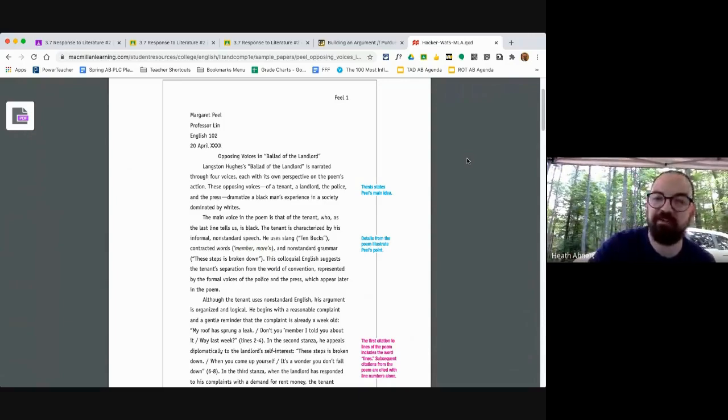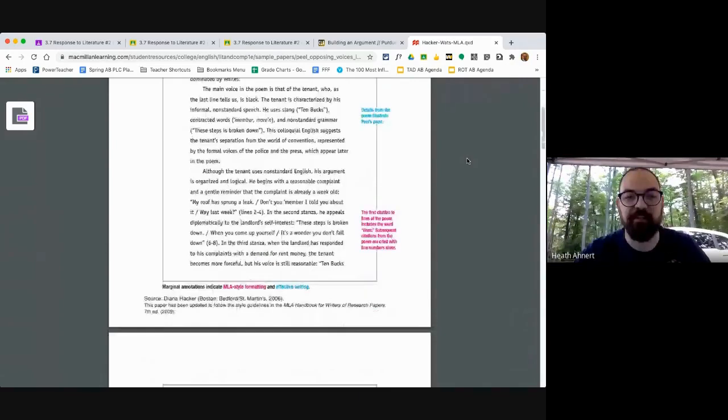That comparison of voices links back to the thesis that says there are opposing voices in this poem of tenant, landlord, police, and press that will dramatize a black man's experience. That's my argument. And the first thing I want to look at is the tenant's voice. My evidence that the tenant's voice is different is the slang, 'member,' 'mourn,' and non-standard grammar. 'These steps is broken down.'